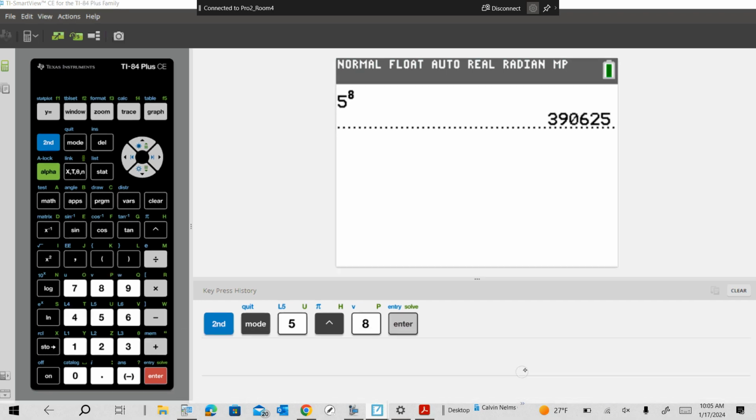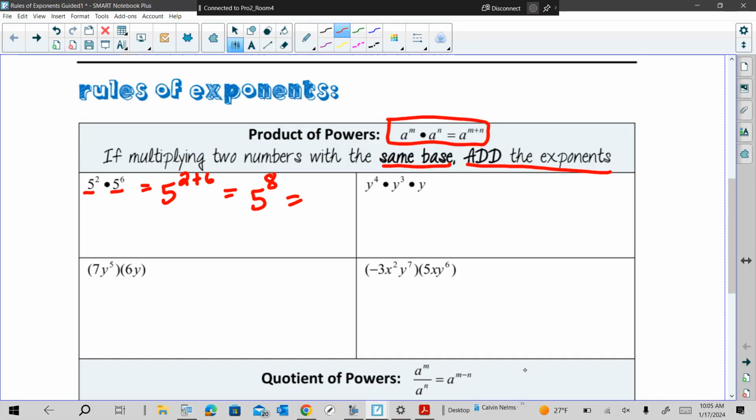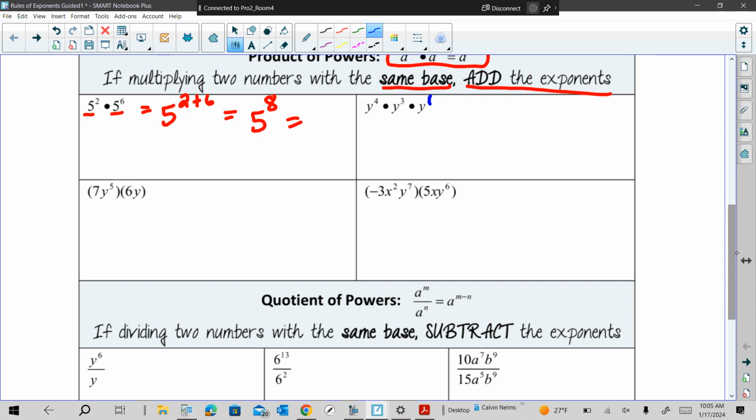If you do not see an exponent, like on this next one where the exponent is missing right here, it's like an invisible 1 there, so you can add them up. On a problem like number 7 here, you have coefficients. So you're doing 7 times 6.